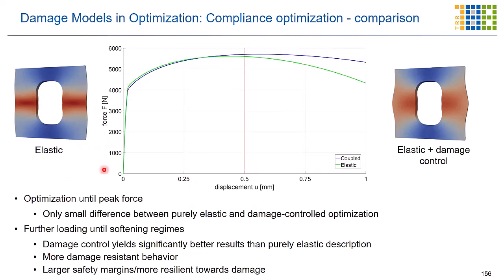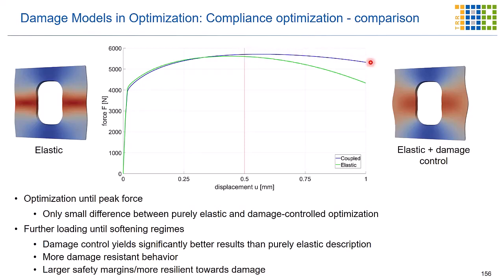So this is the safe area here in the beginning. The elastic one, we have some onset of plasticity. That's where you still can sustain more force. But in case you really get into trouble during operation, that's when you exceed this force point here. Well, that's the problem. That's when things get worse. And that's where we see where the elastic plus damage control here helps to yield geometry with the same mass and same volume with a much more sustainable force.